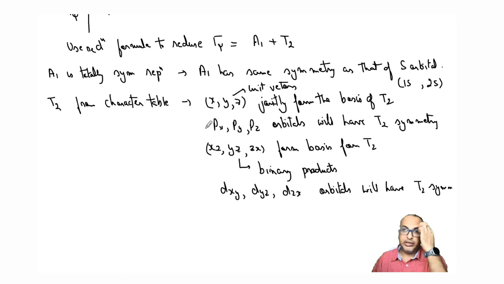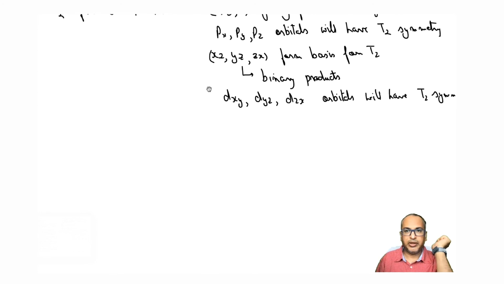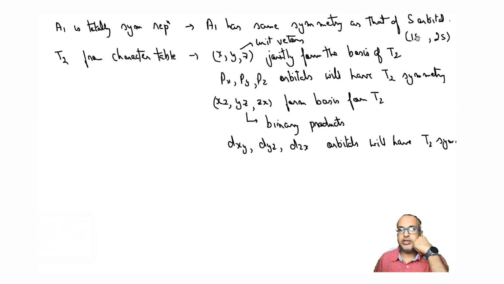Okay, now there is a confusion between what to combine. Let us say what we have. We have principal quantum number 1 with 1s, then 2s and 2p. So we have 2s orbital here and 2px, 2py, 2pz orbitals here.